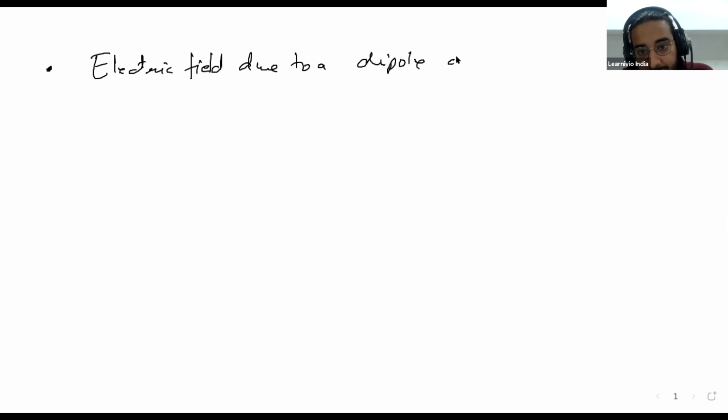We're talking about the electric field due to a dipole on its perpendicular to its axis.